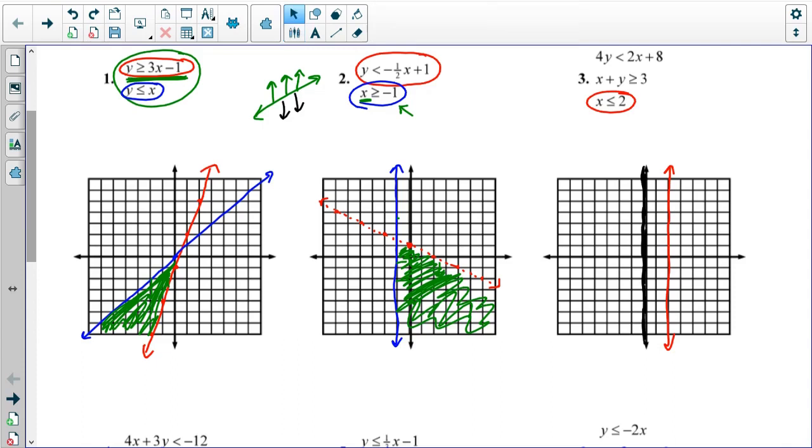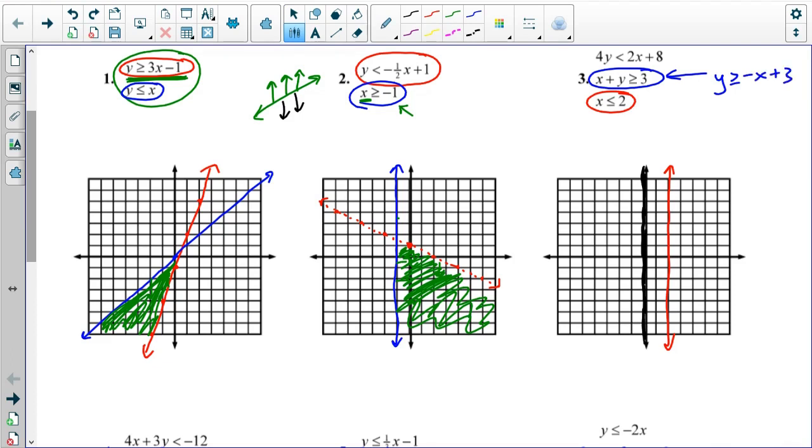I need x plus y is greater than or equal to 3. I'm probably going to graph this one. I could easily shift this into y is greater than or equal to -x plus 3 and graph it using slope-intercept, but I'm going to choose to graph it using standard form. So that means that (3, 0) and (0, 3) are on the line because I graphed by intercepts.